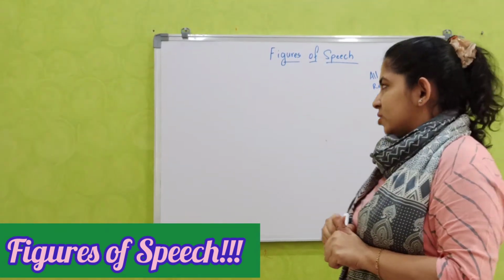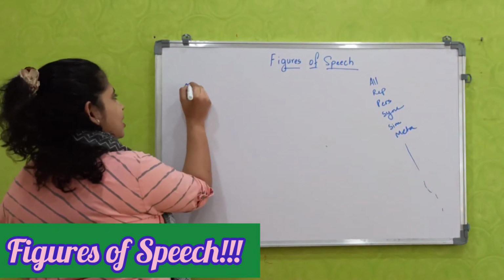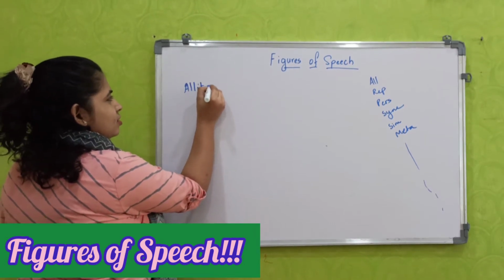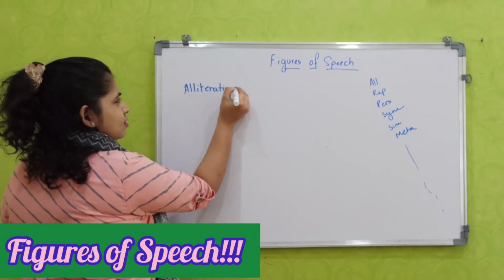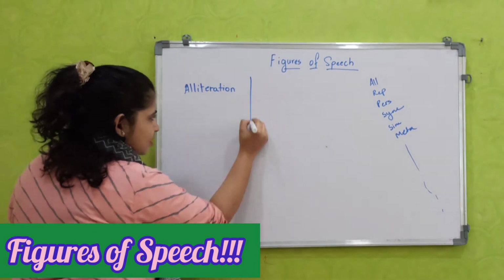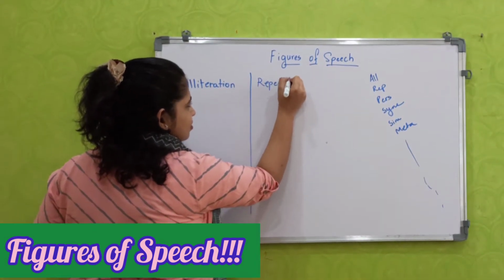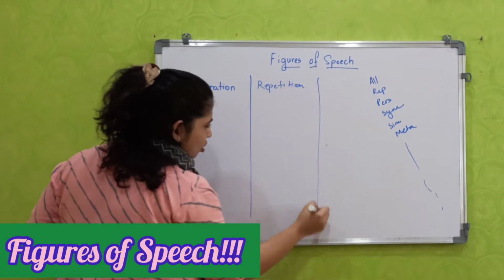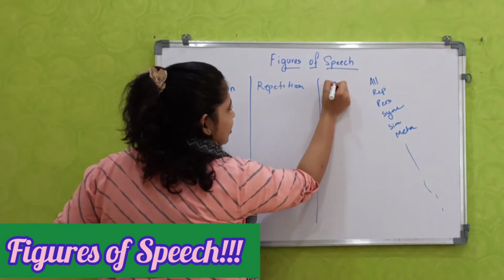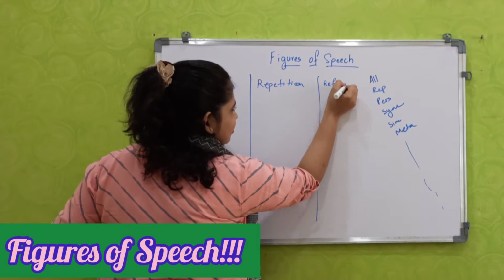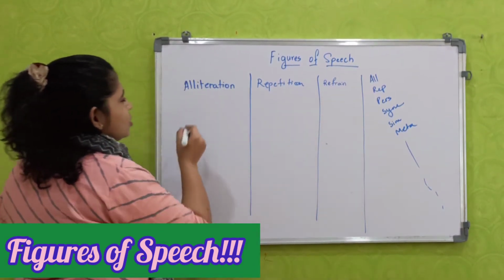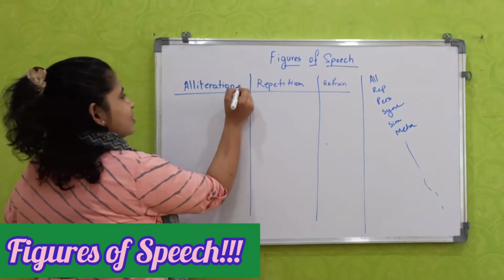So what is alliteration? According to me, let's segregate alliteration, repetition, or for that matter you also take refrain here. So what is the difference between these three?